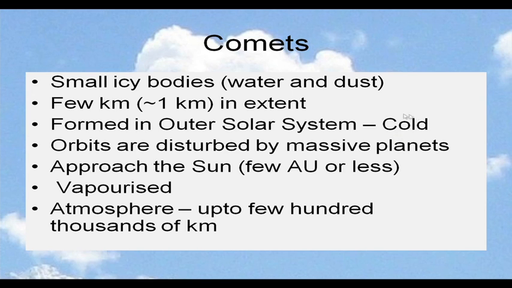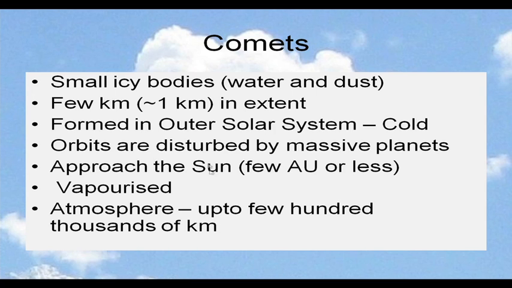So, you have these objects forming in the outer solar system, and they are essentially icy objects, frozen gases and water, and if it happens that the orbit gets disturbed by a massive planet, they may happen to come into the inner parts of the solar system, and they approach the sun to within 1 astronomical unit or less, and then when they approach the sun, they get heated up, and the content of these objects gets vaporized, and once it gets vaporized, then you have an atmosphere around these objects.